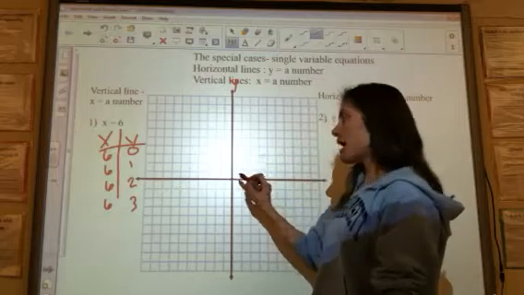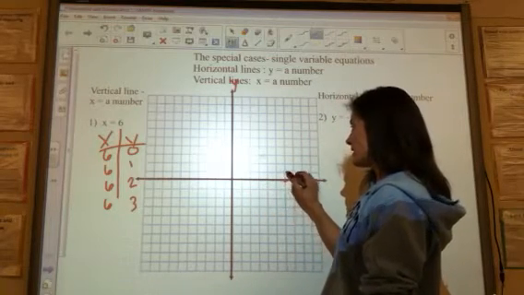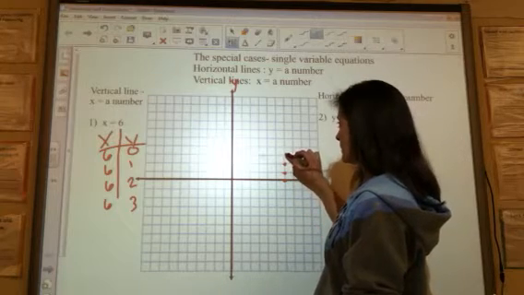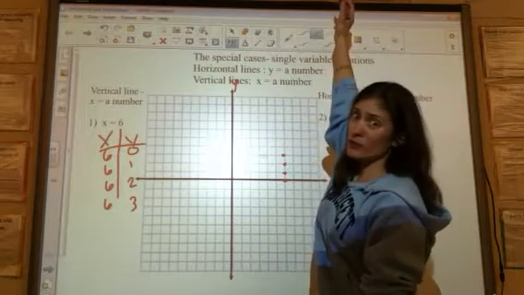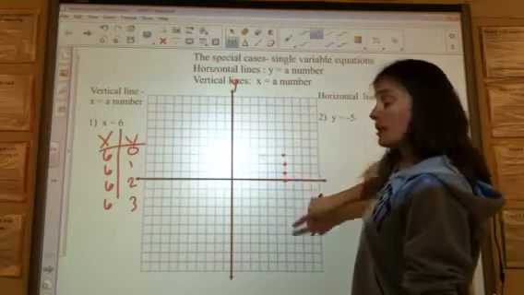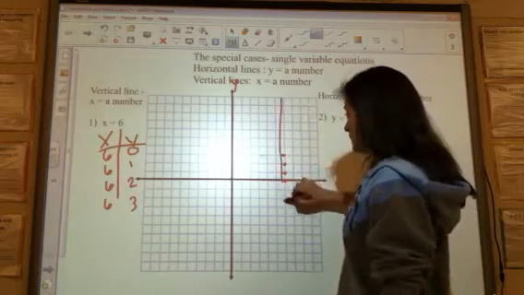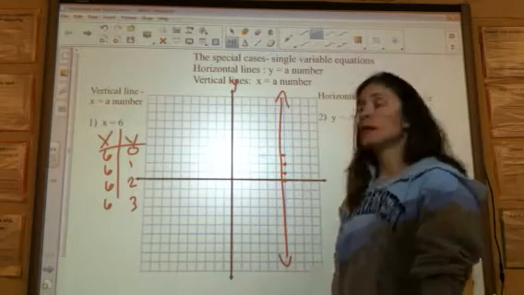So when you go to plot all of your points, (6, 0), (6, 1), (6, 2), (6, 3), (6, 42), you're going to have a line where all the points have an x value of 6. And again, if I had a ruler, it would be straight.